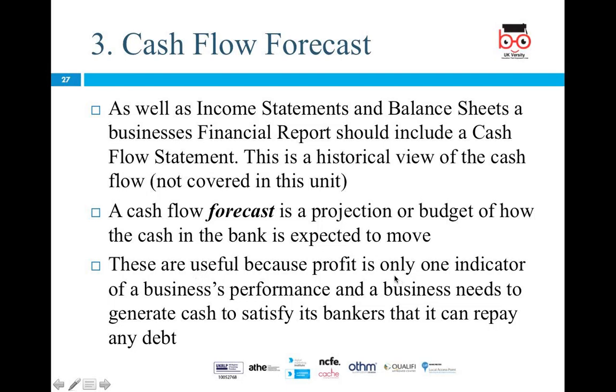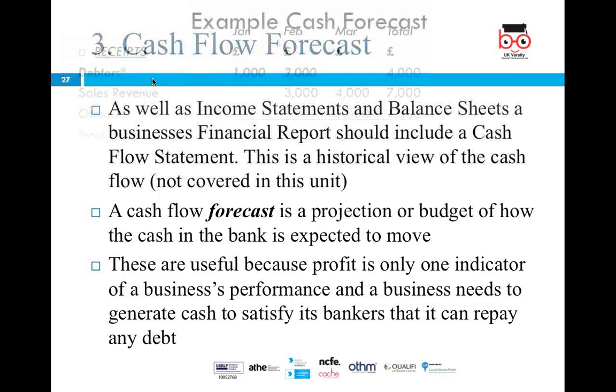And it is very useful because profit is only one indicator of a business. Profit or loss depends on sales and expenditure, and the business needs to generate cash to satisfy its bankers, to satisfy its short-term creditors, and to repay any debt. So on the cash flow statement, we can see the cash position of the business.